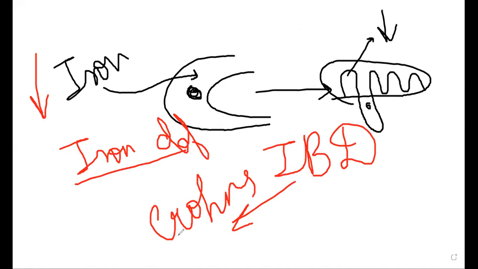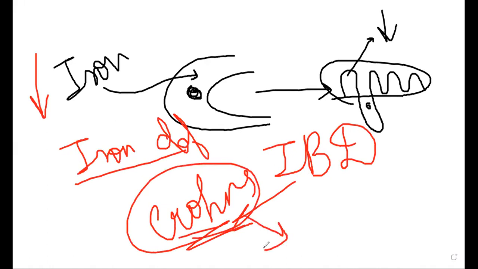Most likely what happens in Crohn's is that it involves the ileum. Although it involves all parts of the gastrointestinal tract, it involves mostly the ileum. But yes, it could be a case of Crohn's.